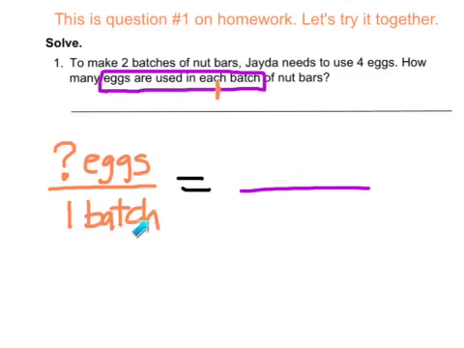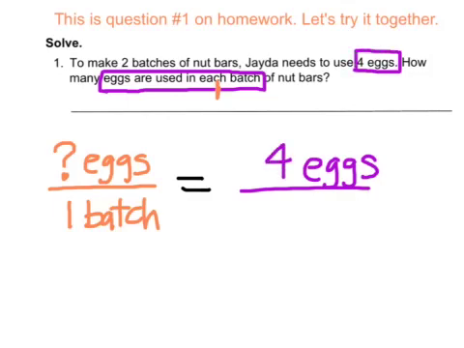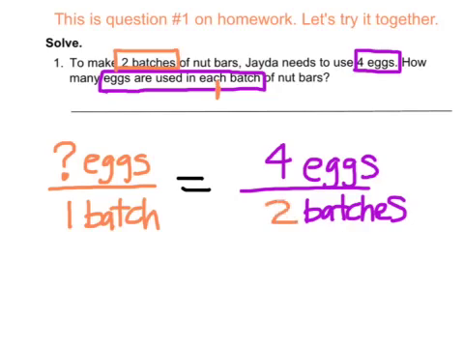Whatever unit is on the bottom is also going to be on the bottom. So I know on top, I'm going to put the amount of eggs. When you look up in your story problem, it says 4 eggs. And on the bottom, it's going to say batches or batch. When you look back at the top, you are going to notice it says 2 batches. So I'm going to put a 2 on this side.